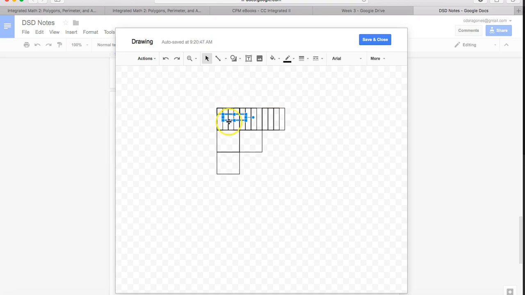In your notebook, hopefully you're able to do this as well. You don't have to draw it really large, just make sure the number of tiles is accurate. That's really the most important part here. What pattern is happening? How can you show that with the way you're drawing the tiles?